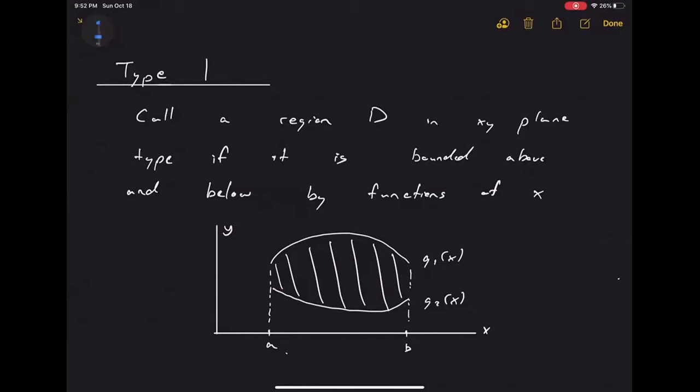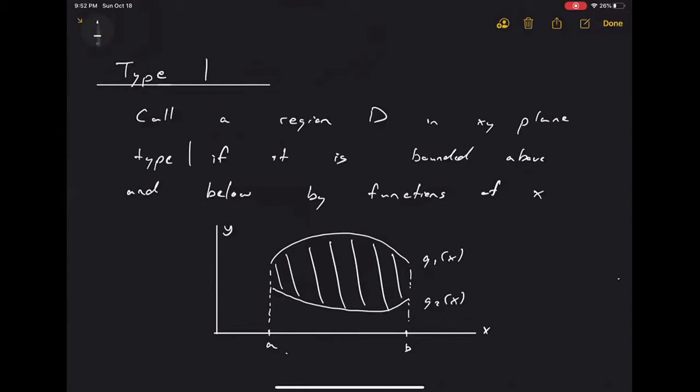We're going to call a region D in the XY plane type 1 if it's bounded above and below by functions of x.